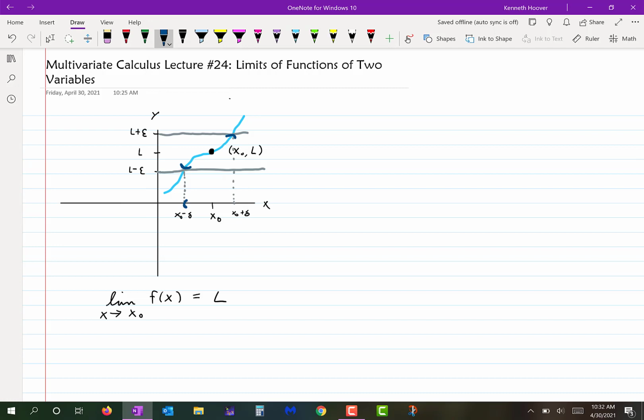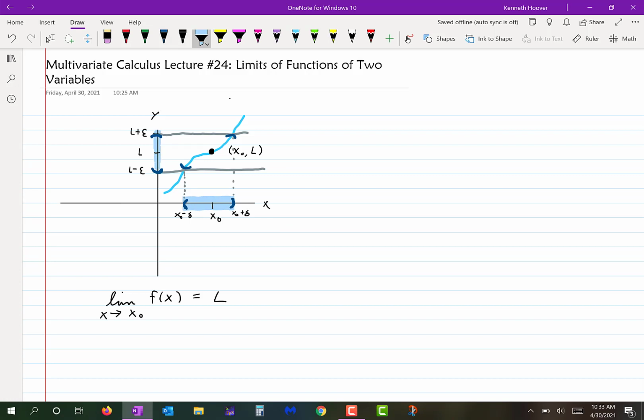When x is in this area, y will be in this area. That's very important to remember, okay? When x is in this area, y is in this area.